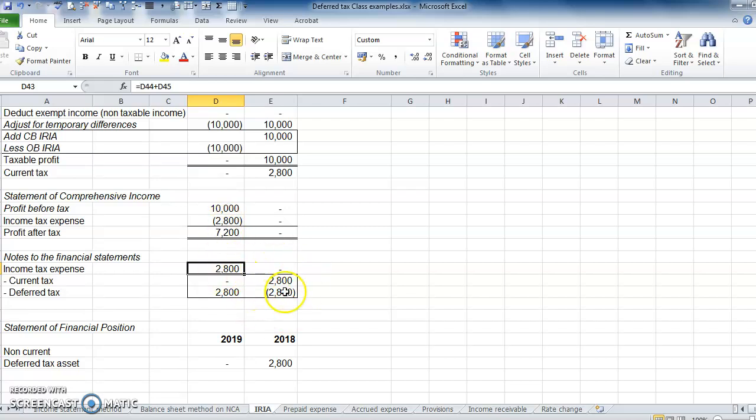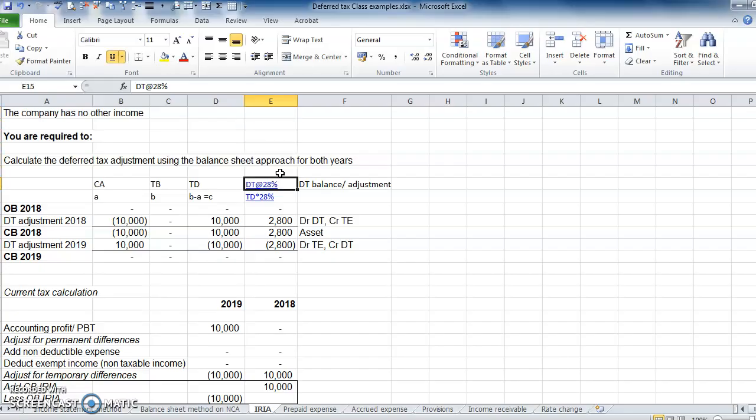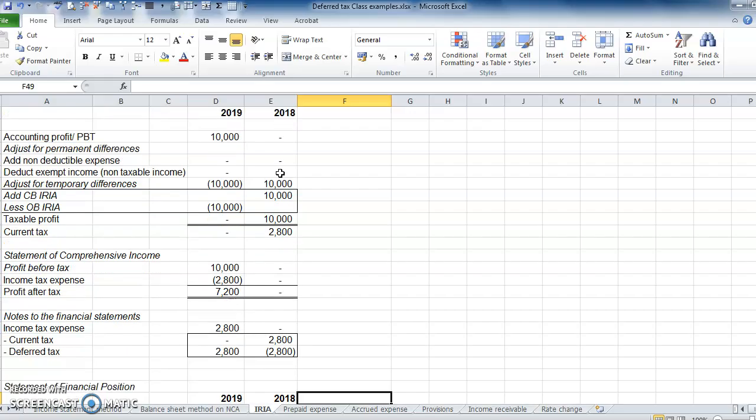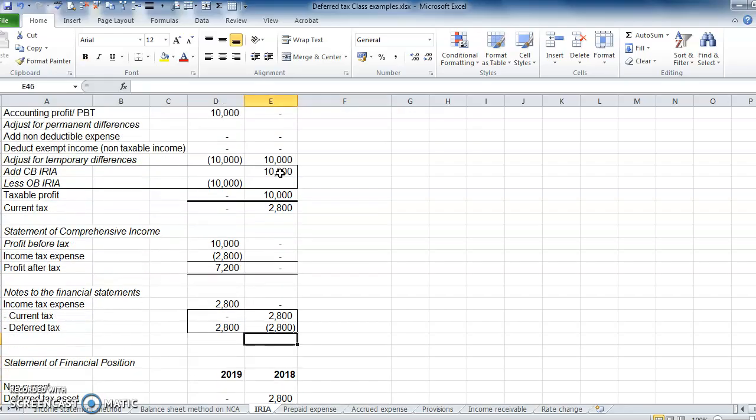For our income tax, remember, our current tax is 2,800. For 2018, our deferred tax adjustment, we have to credit our tax expense, meaning that we are decreasing our tax expense. And so obviously our income tax is 0 because we didn't have any income.